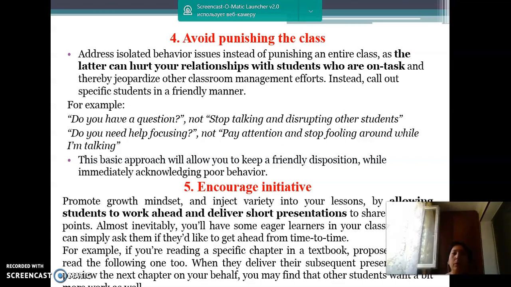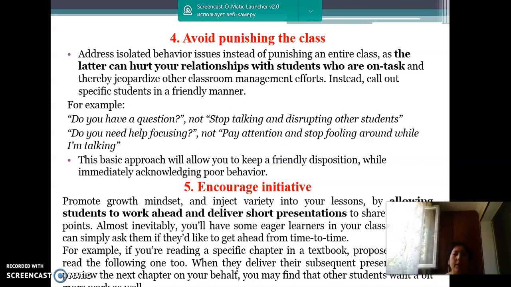For example, do you have a question? If not, stop talking and disrupting other students. Do you need help focusing? If not, pay attention, stop fooling around while I'm talking. This basic approach will allow you to keep a friendly disposition while immediately acknowledging poor behavior.